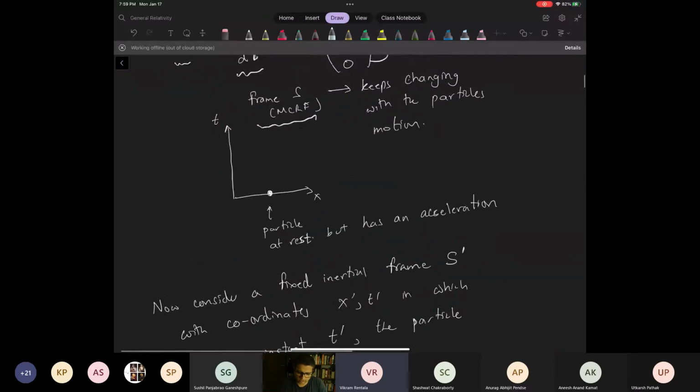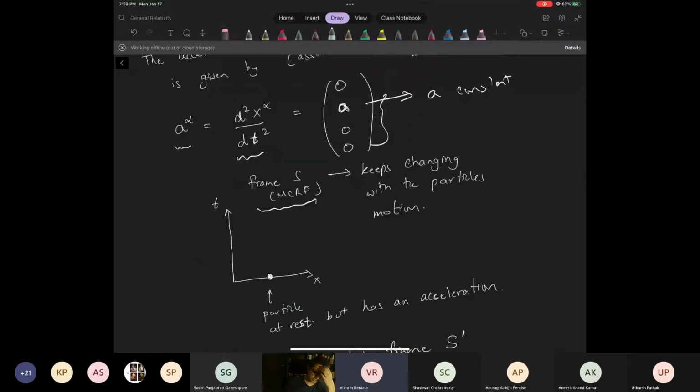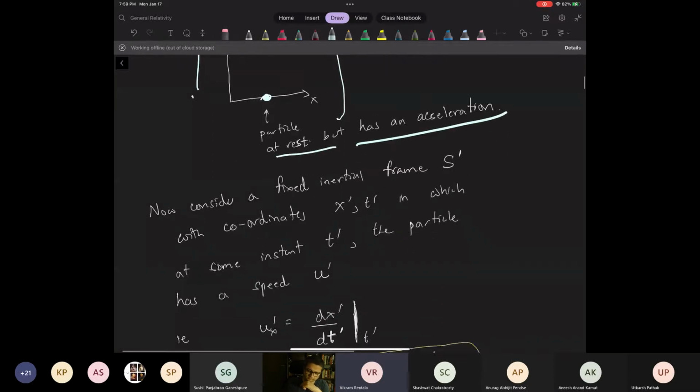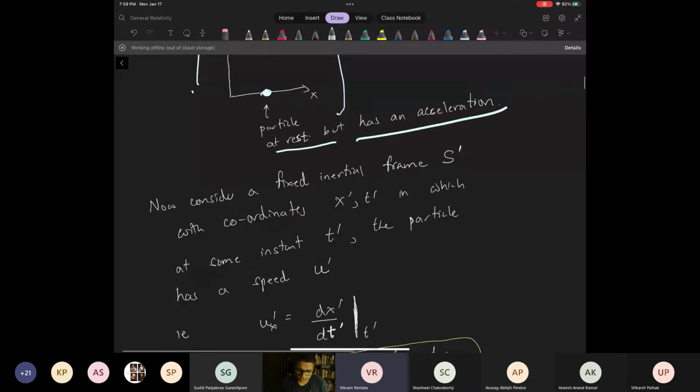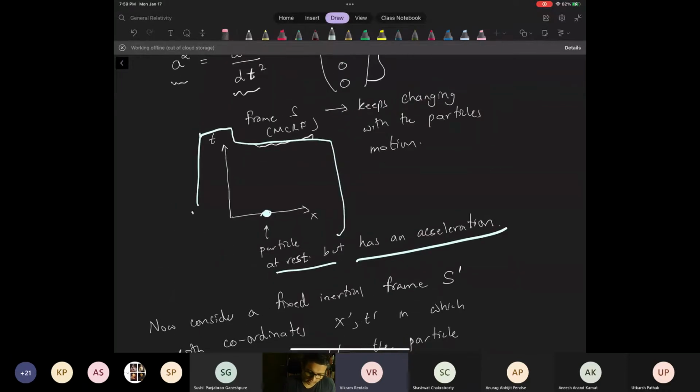All right, so now if I look in the MCRF at some instant of time, this is the space-time diagram. The particle is at some location x and it has zero velocity. The particle is at rest, but it has an acceleration. Now let me just clear up the nomenclature.